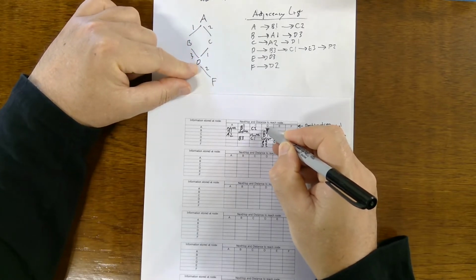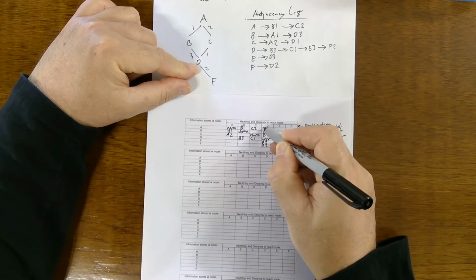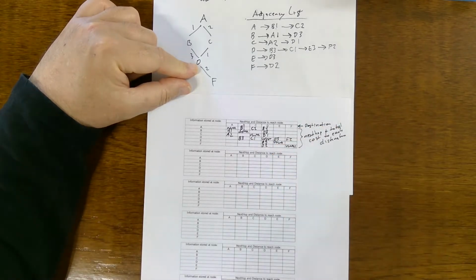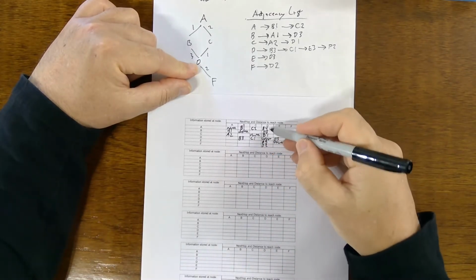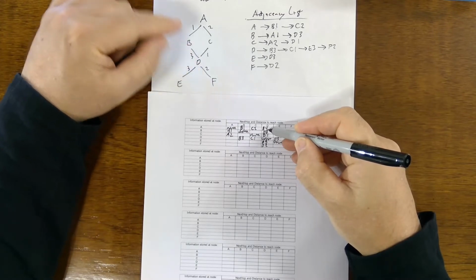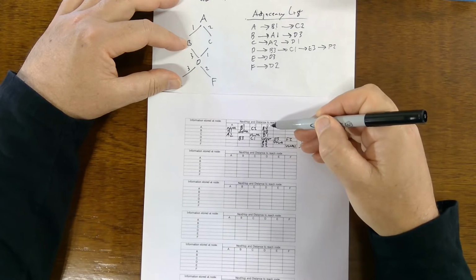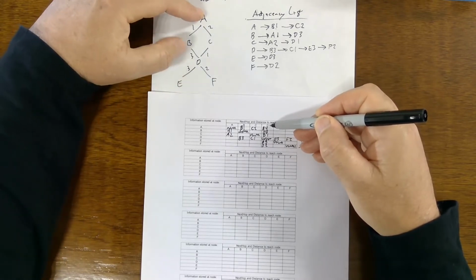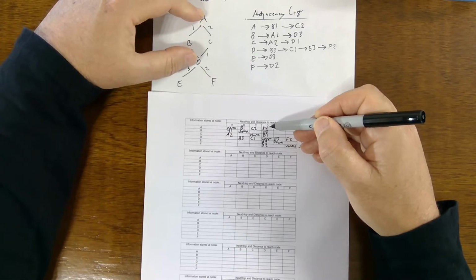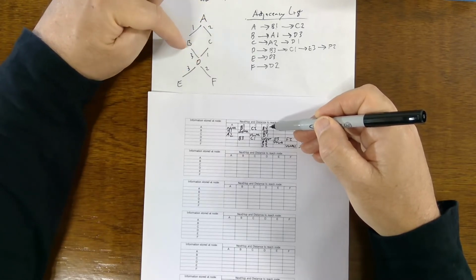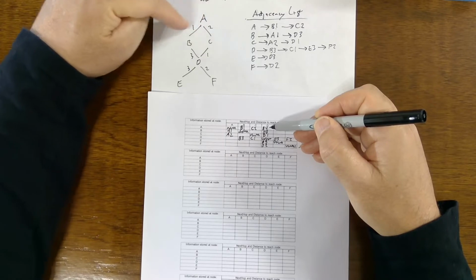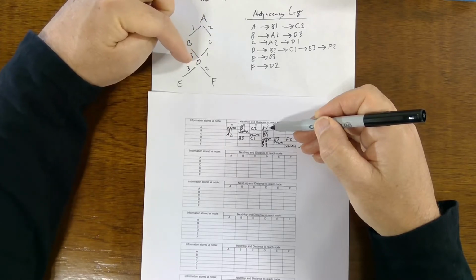D costs 4 away, and it's via B. So the number in here is B4. Because what it says is A has a new destination that it can get to, D. And he gets there via his neighbor B, and the total cost is 4. Okay?